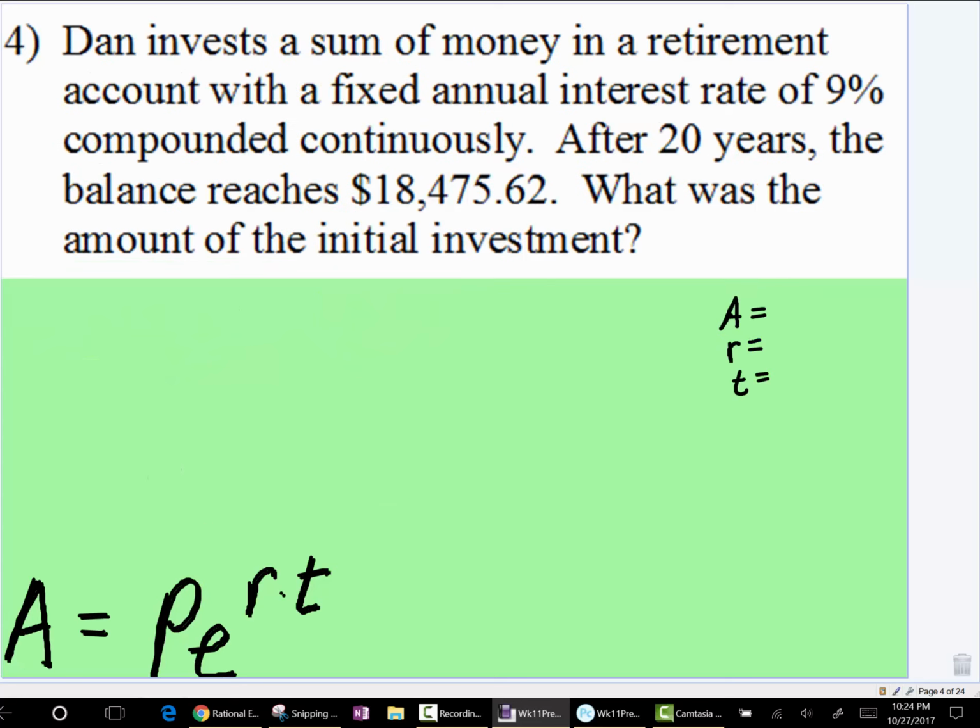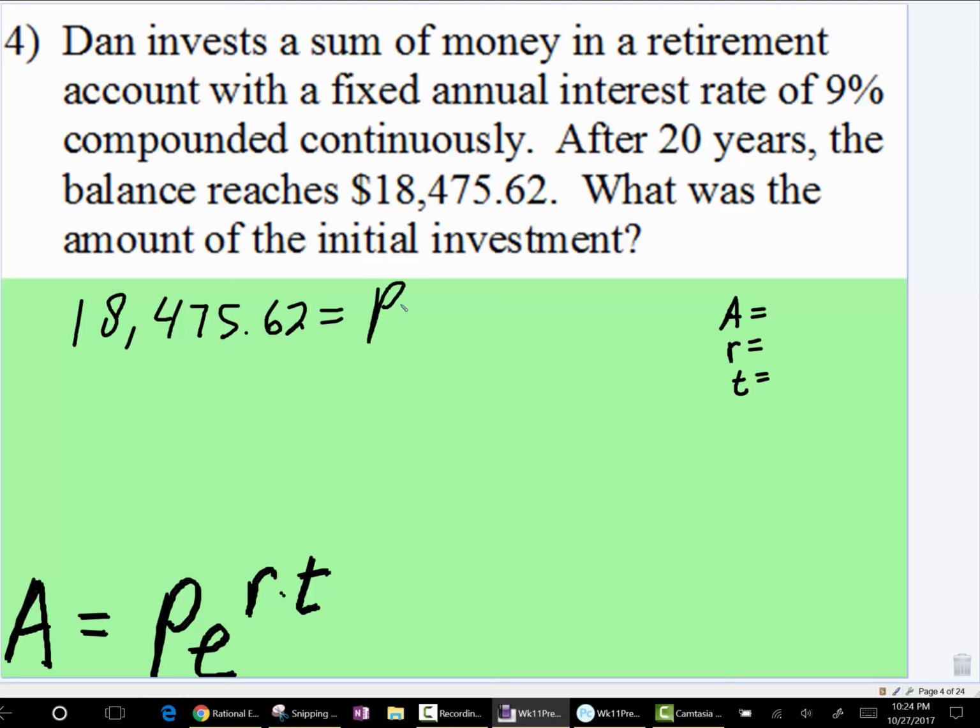All right, one more. Dan invests a sum of money in a retirement account with a fixed annual interest rate, so we know the rate, we know the time, we know the account balance. We don't know the P this time. So we have the account balance, $18,475.62.